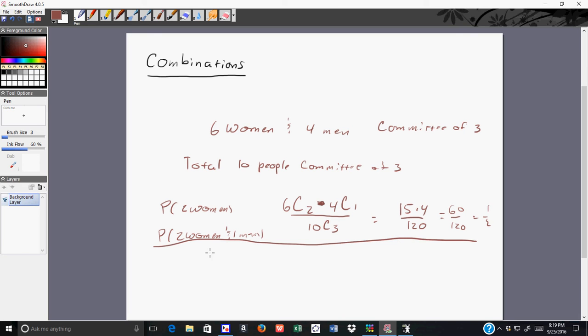You do have to be careful if you say the probability of at least 1 man, then you'd have to say, well, that's going to be 1 man and 2 women, or 2 men and 1 woman, or 3 men and 0 women.